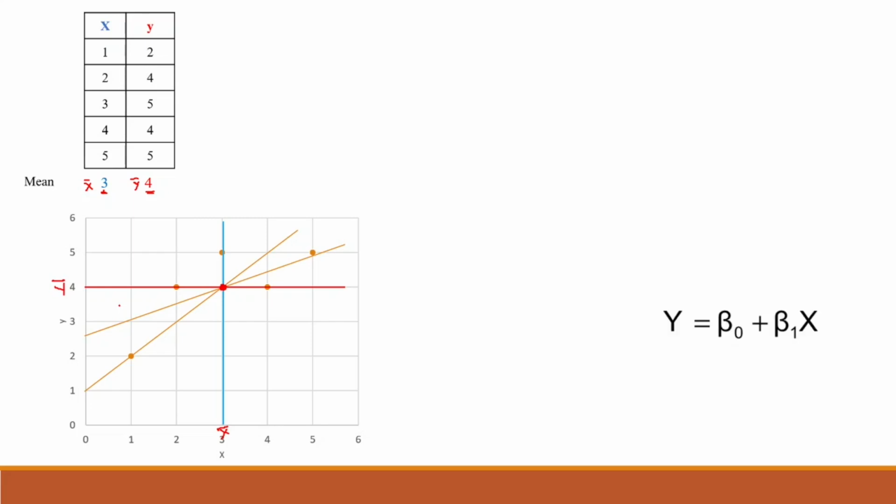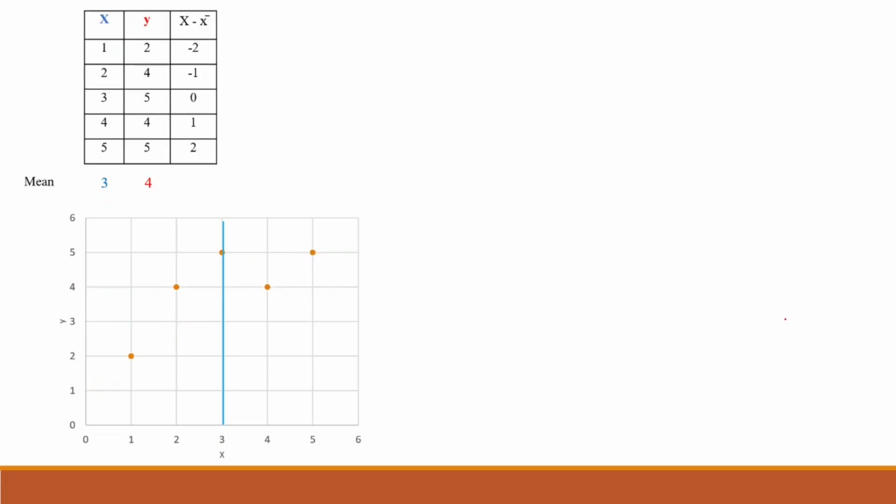Let us see how that can be calculated. First, we should know the formula. This is the formula we will be using. As I said, I will not be using the random error. This is the intercept value and this is the slope. To calculate the slope, I first need to observe how the actual value is deviating, how far it is from the mean value of x.